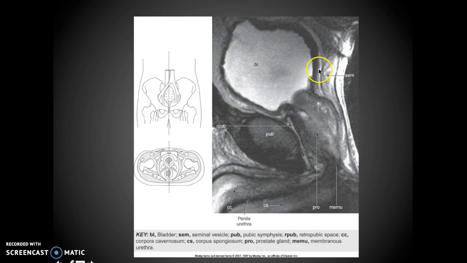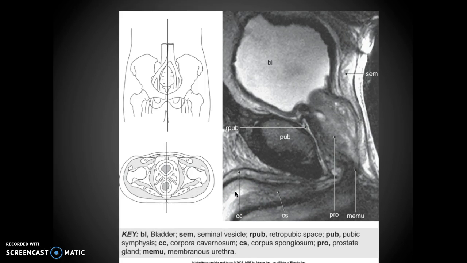So here's your bladder, and back here they're calling this the seminal vesicle. So here's your prostate gland with your membranous. So your prostatic urethra comes through here to your membranous urethra, to your penile urethra, and here's your corpus spongiosum with your corpus cavernosum. Did I say that right? Yeah. All right.